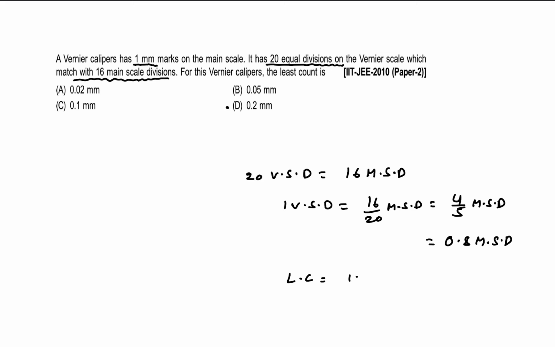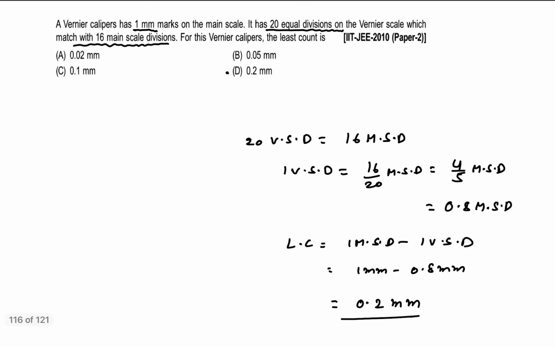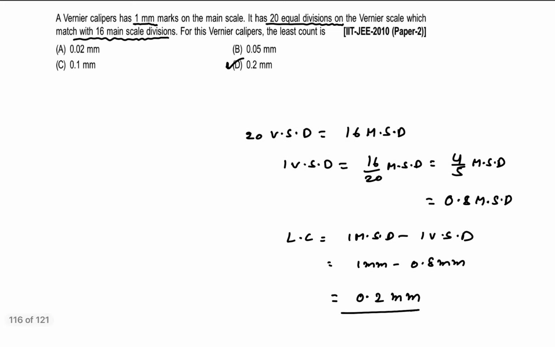Now least count can be written as 1 MSD minus 1 VSD. 1 MSD is 1 millimeter minus 0.8 millimeter. We finally get 0.2 millimeters. This should be the answer. See how easy a question they asked in 2010.